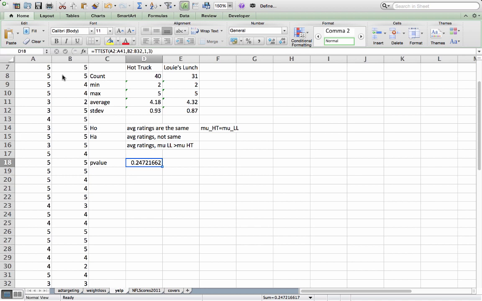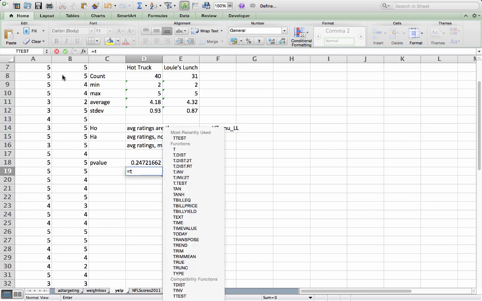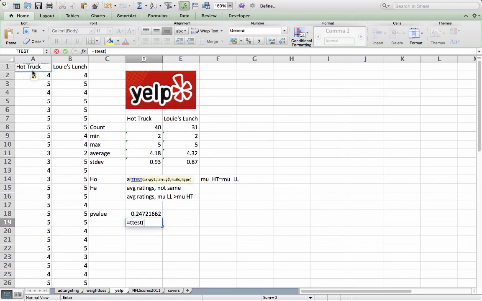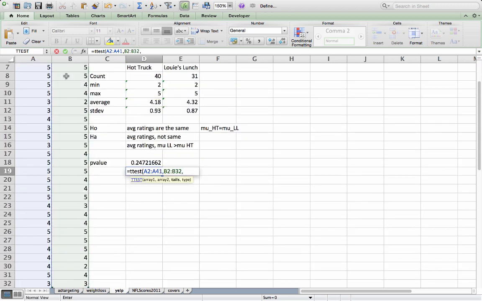We could do a two-tailed test, right? If we did a two-tailed t-test, again, we know that the two-tailed t-test is less specific, right? So we're going to be even less likely to generate a low p-value for this. We'll just do that for completeness' sake.